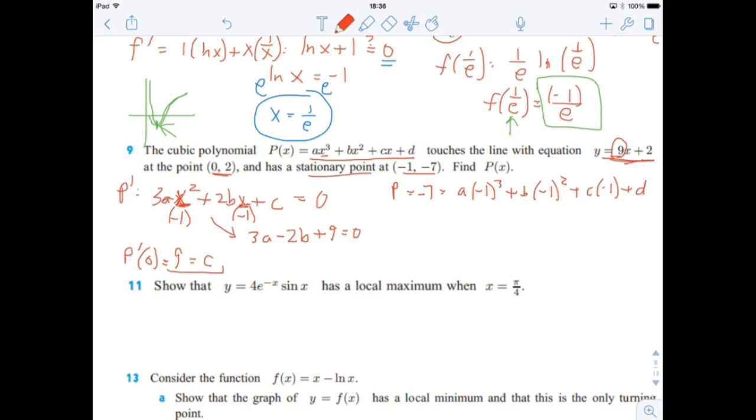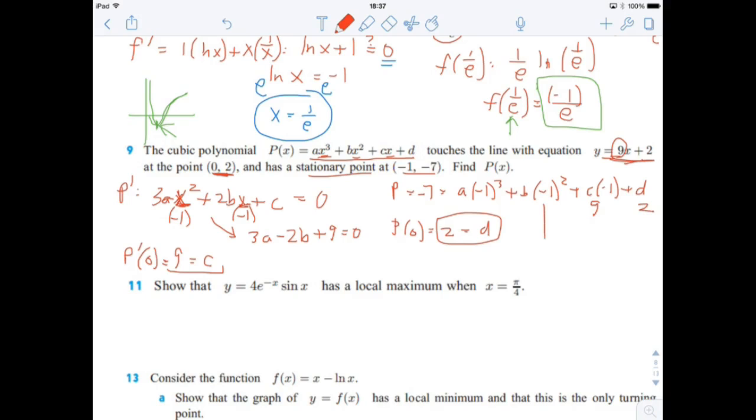So that's one equation with two unknowns. We can figure something out with this too. It says that at the point (0, 2), p(0) is equal to 2, and we put zeros in for x, so all these terms become 0, and we find that d is equal to 2.